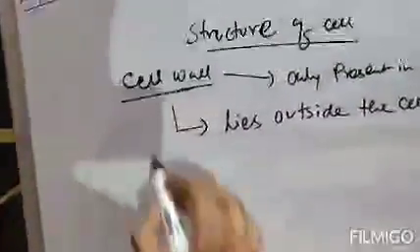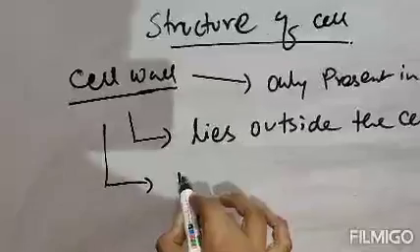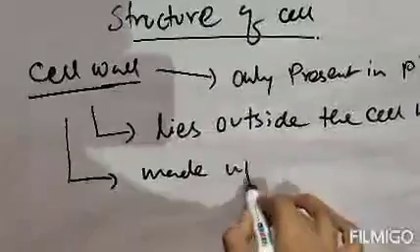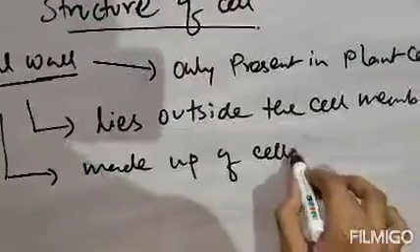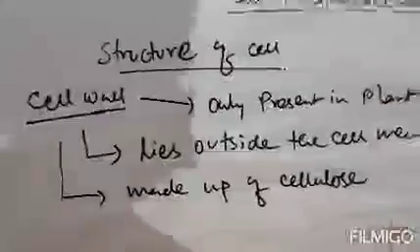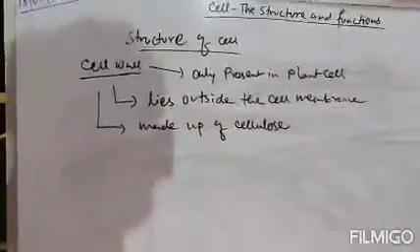Next, what is cell wall made up of? Cell wall is made up of cellulose. Next, what is the function of cell wall?